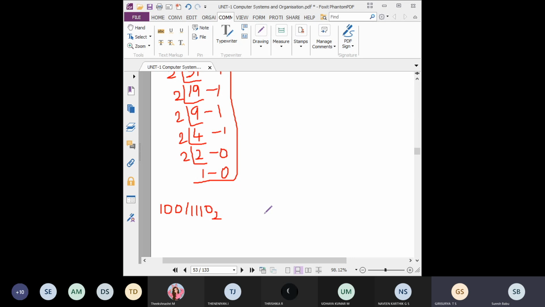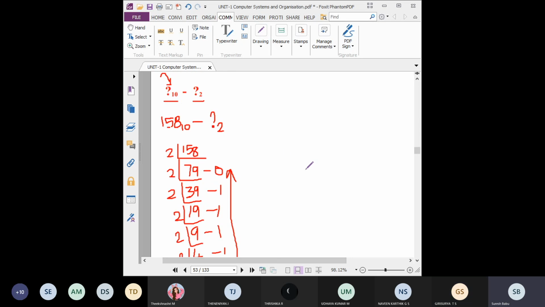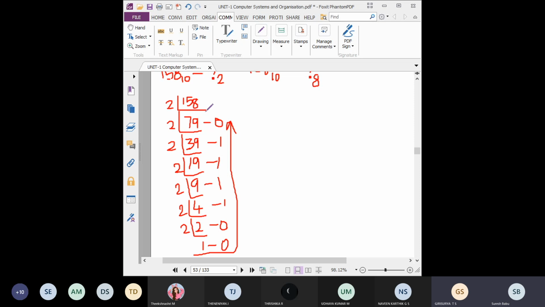For example, the same number 158 base 10, I need its equivalent octal value. What we have to do is the same method, but we change the divisor value: 158 divided by 8.